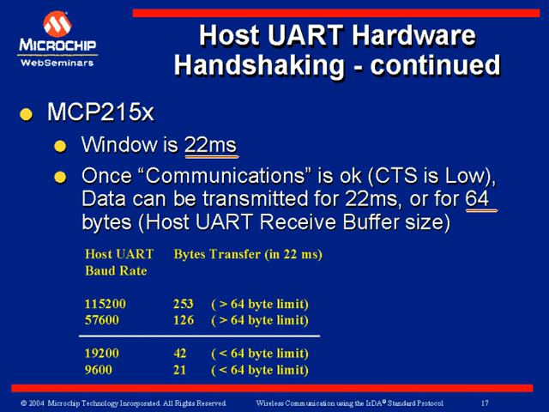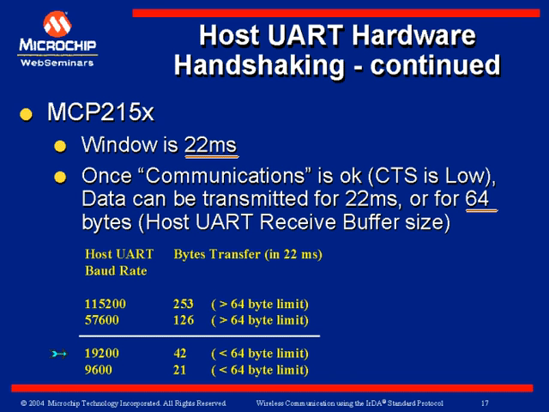The table below shows how many bytes can be transferred in 22 milliseconds for a given baud rate. So for the baud rate 19.2 kbaud and below, you're not able to transfer 64 bytes in that 22 millisecond window. You can transfer 42. So you really can just monitor the CTS signal and make sure that you follow that.